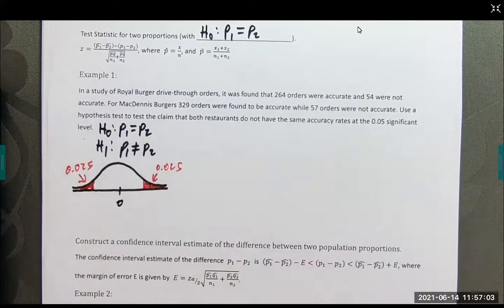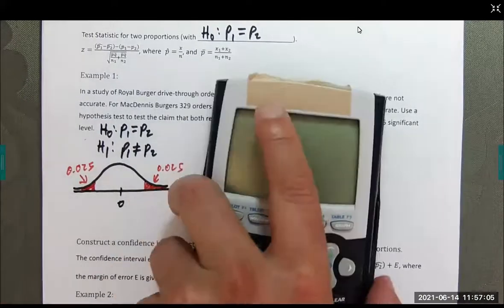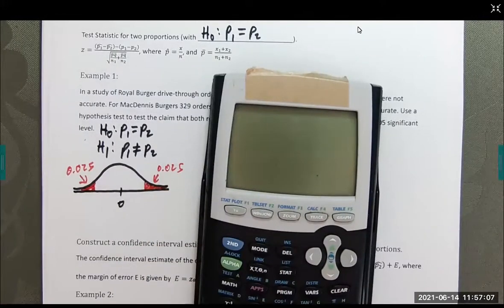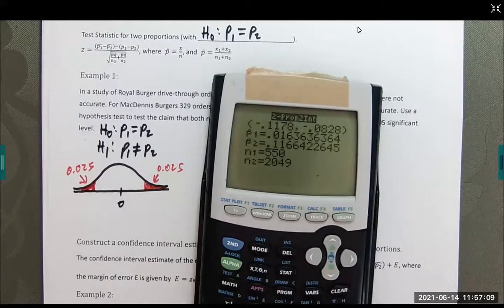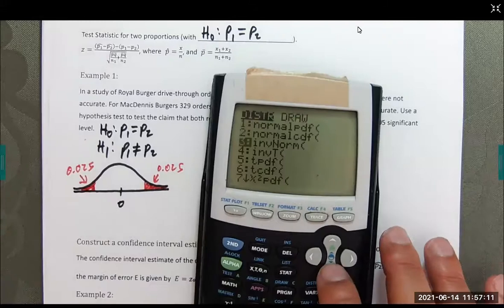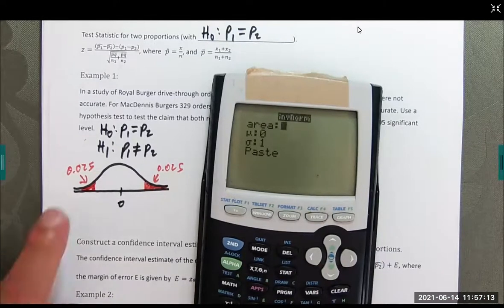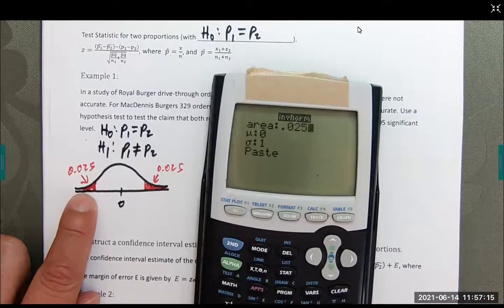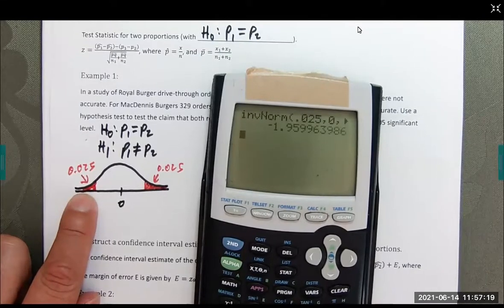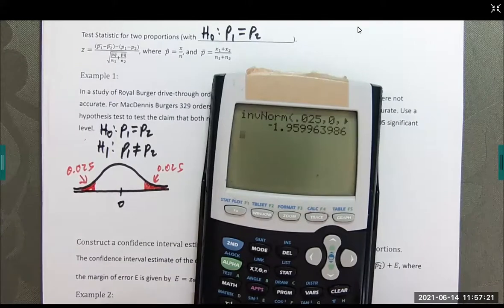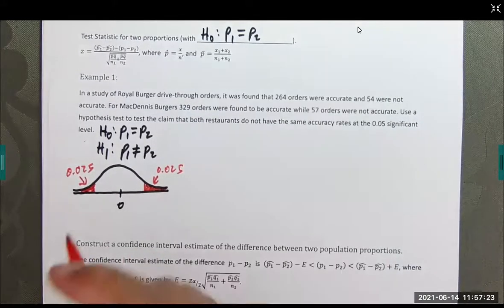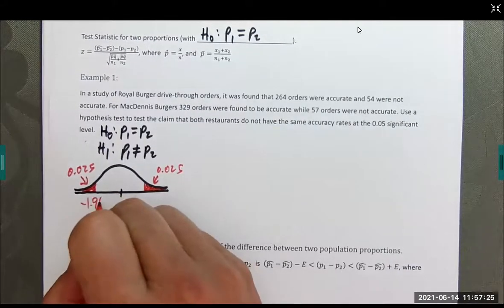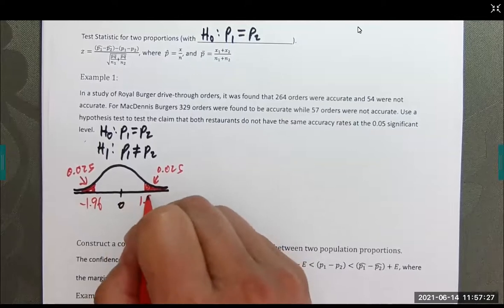And let's get our critical values. It's going to be inverse norm. Area to the left here is 0.025. And here we get our negative 1.96. And when we do the other, we get positive 1.96.